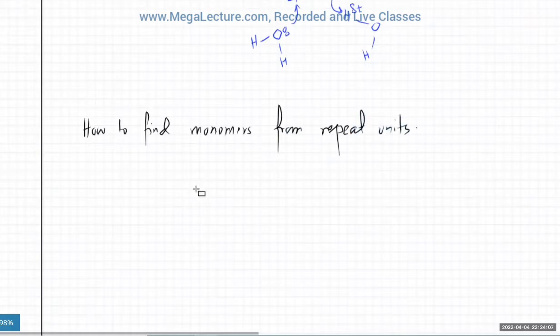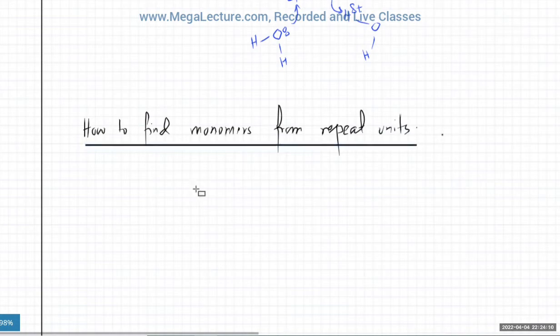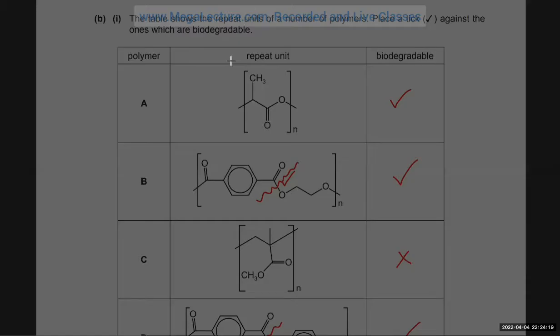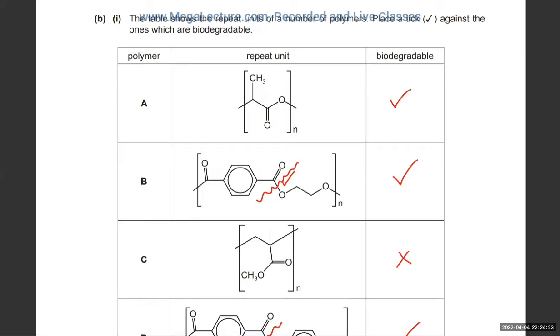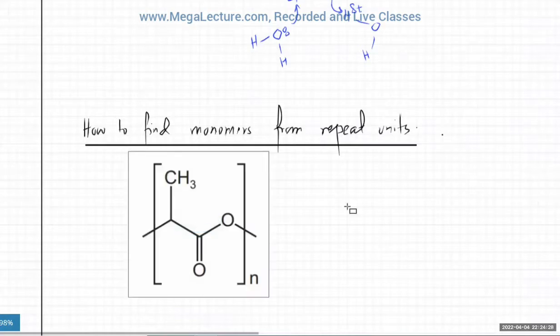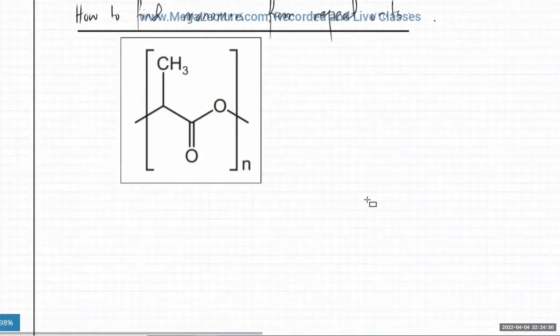So how do we do that? For example, in this question, they didn't actually ask you to do that, but they gave me a repeat unit of a polyester. This is definitely a polyester because it's got an ester link. So if I go back and put it over here, I want to find out what are the two monomers for this molecule. How do I know what the monomers are?